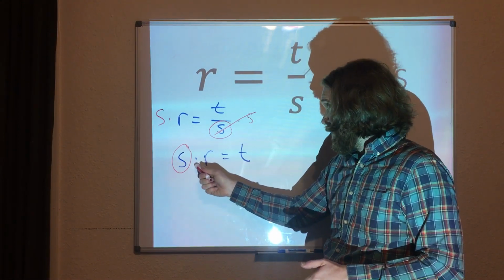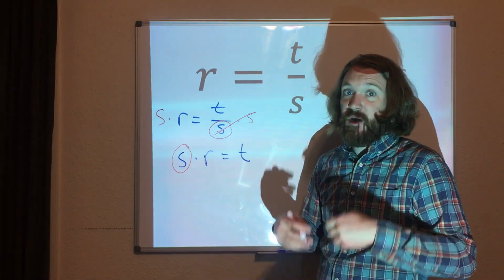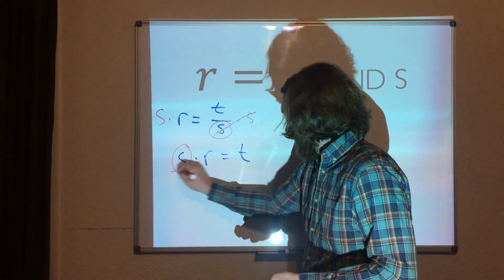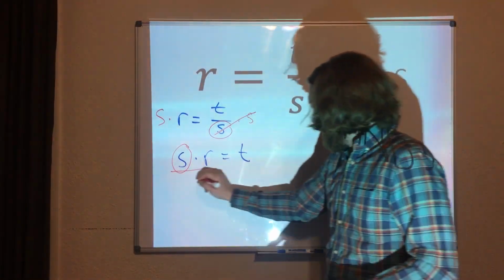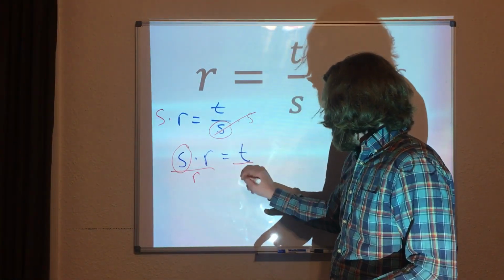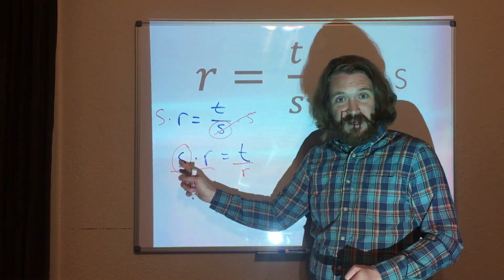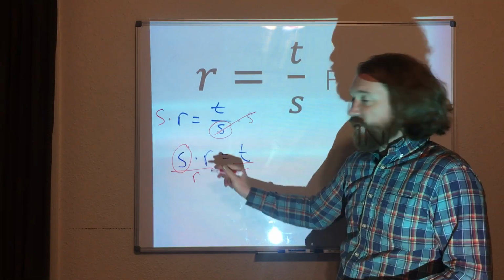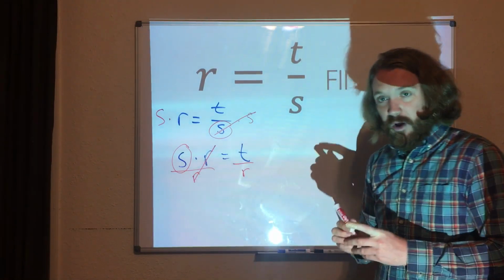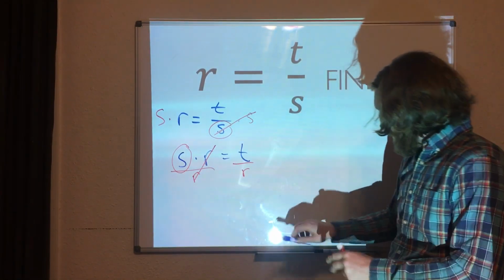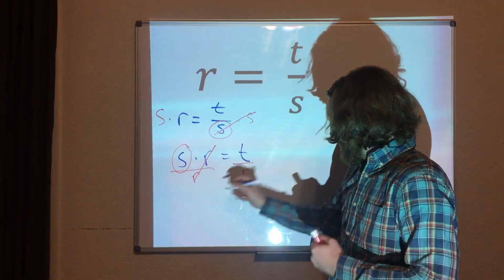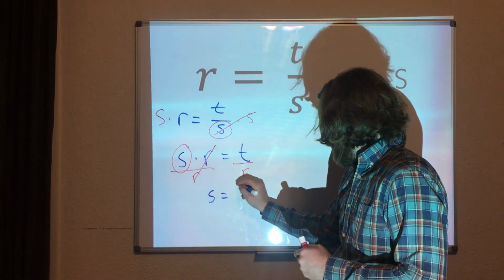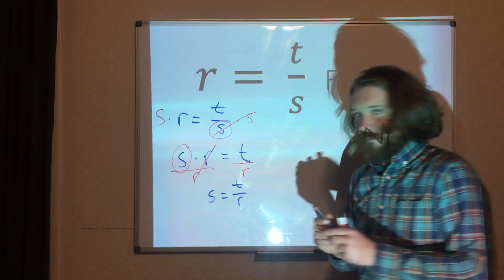Well, this is multiplication. So now I'm going to do the opposite of multiply, which is division. But this time we're not dividing by s, we want s by itself. So we have to move the r. R divided by r is 1. And I bring everything down. This gives me s equals t divided by r.